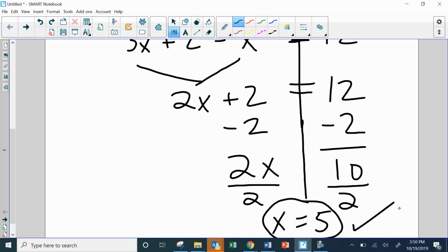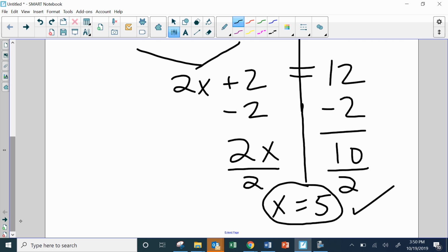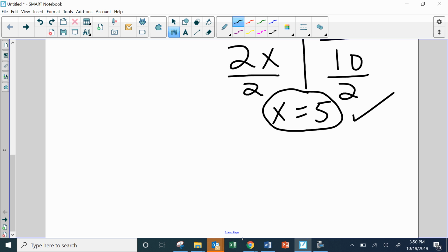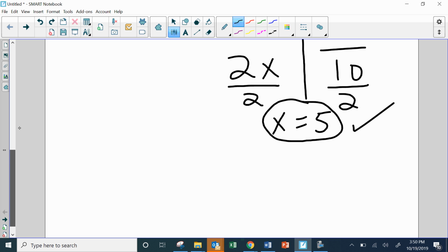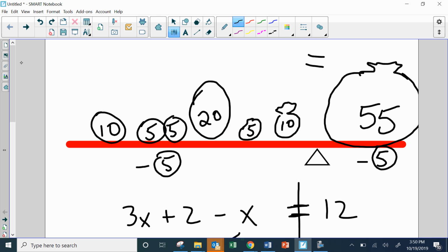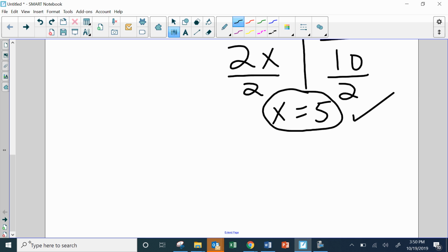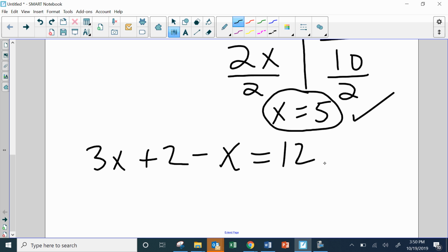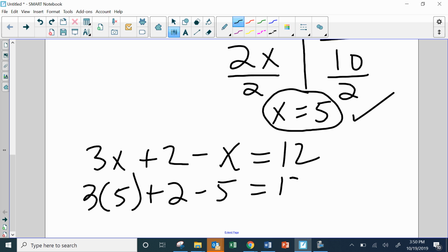So we check. Actually, technically to say check, I should really go up and check it. So let's do that. If x equals 5, let's see what my original equation was: 3x plus 2 subtract x equals 12. If x is 5, then 3 times 5 plus 2 subtract 5 better equal 12.